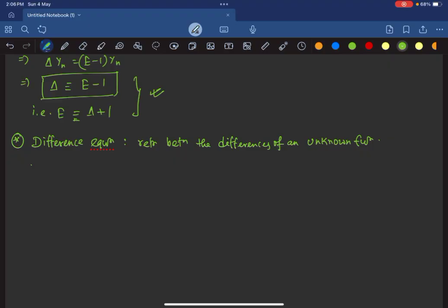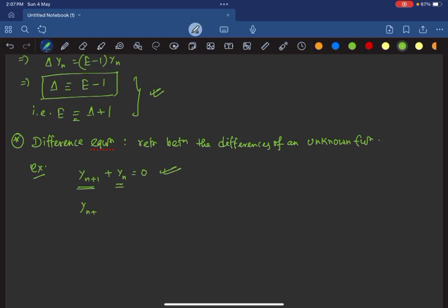Now for example, if I write yn plus 1 plus yn equal to 0, this is one example of a difference equation.